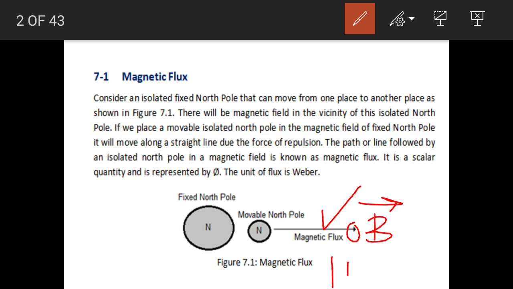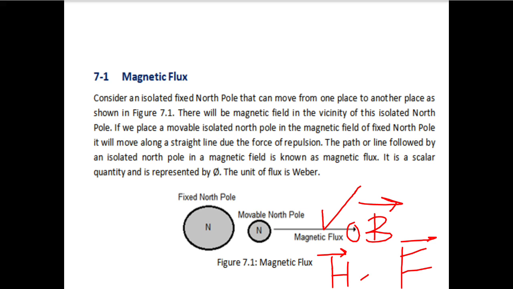This arrow gives you the direction of the magnetic field intensity, and this arrow gives you the direction of the magnetic force on this isolated north pole.